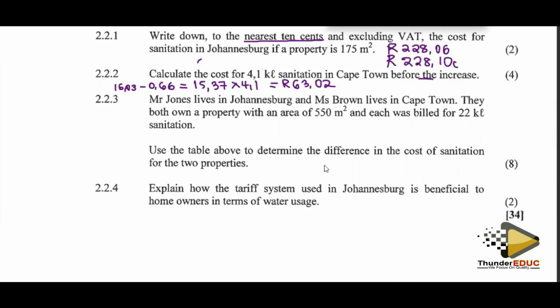Difference. So we have to know that we need to subtract. Here we go. We need to first look for the person in Johannesburg, and we need to look for the person in Cape Town.